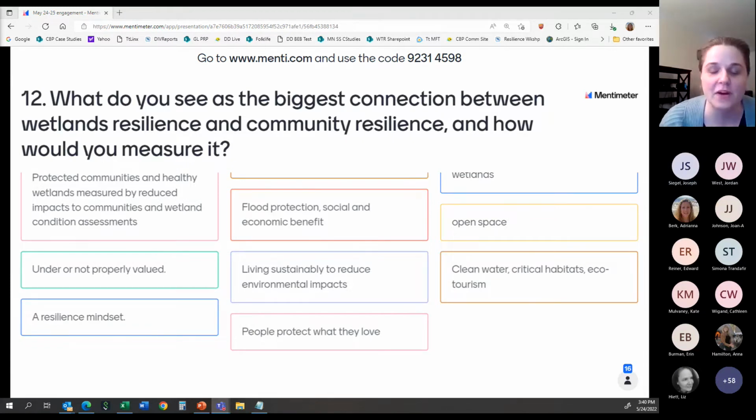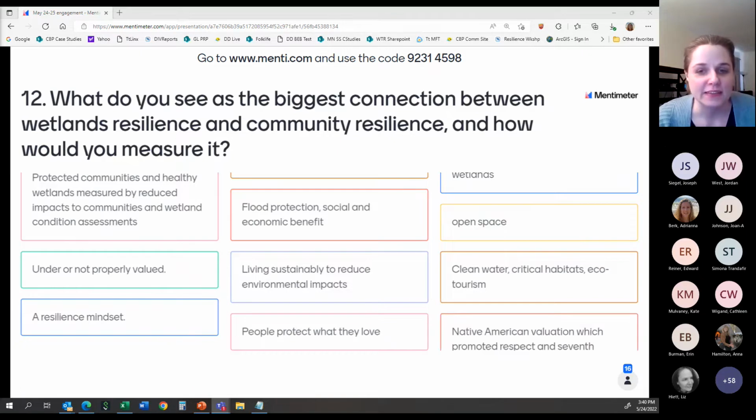I thought I'd answer Jordan's question. I think in connecting with nature, you have healthier communities. So part of that inclusion and justice component, wetlands can create that connection. I know there are some projects creating wetland parks near underserved communities or communities affected a lot by sea level rise and flooding.